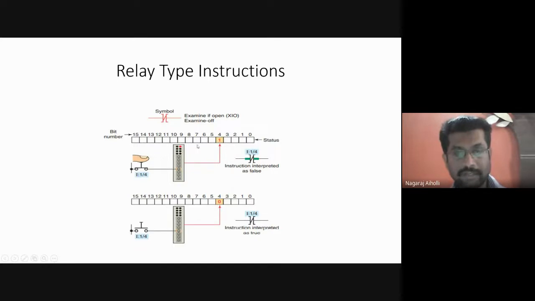Let us check the working of this XIO instruction. Here the switch is pressed. Can anybody predict what may be the function of this? How does it work? Looking at this diagram, what comes to your mind?